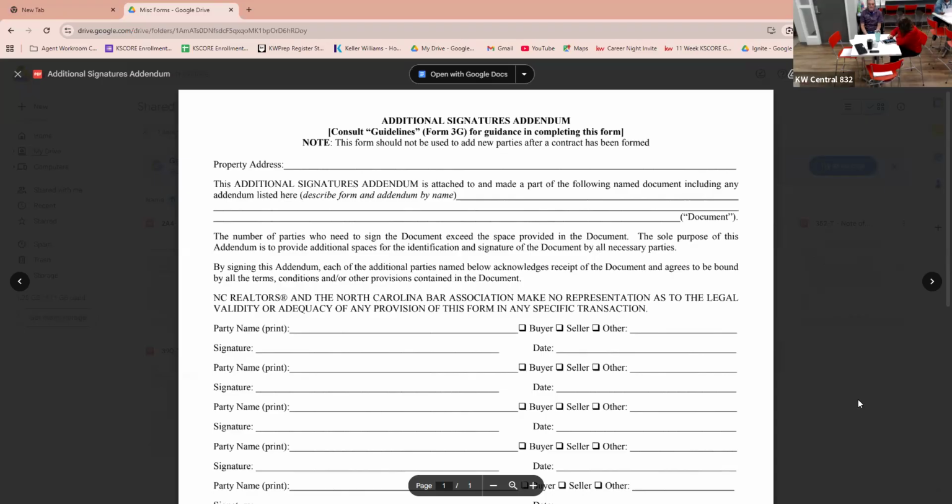And then also just identify if it's a buyer or a seller with the checkbox.